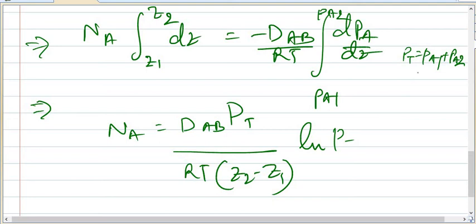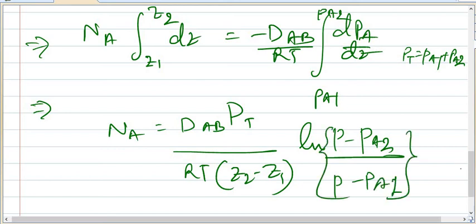Since we have been asked about A only, we can have this form. Now when the final equation is solved, we have to calculate the flux.